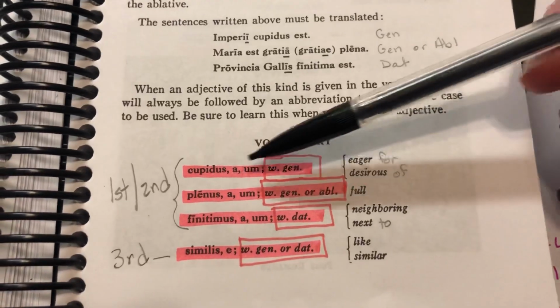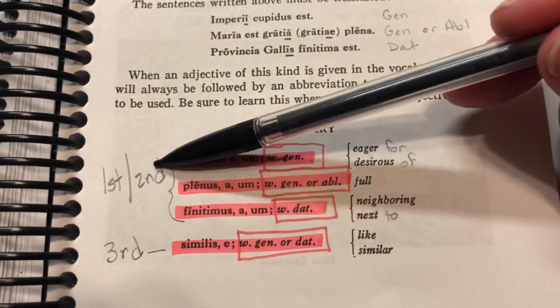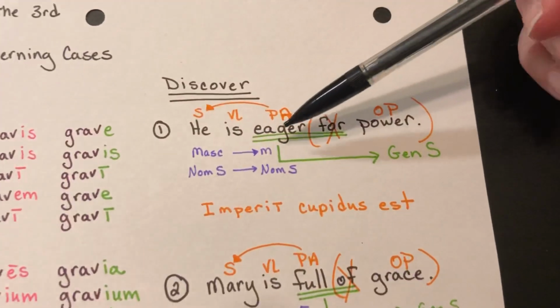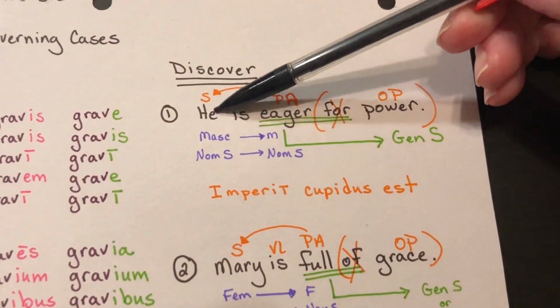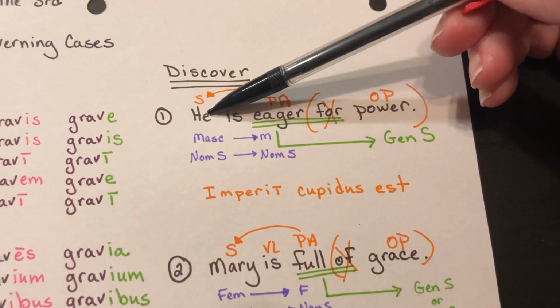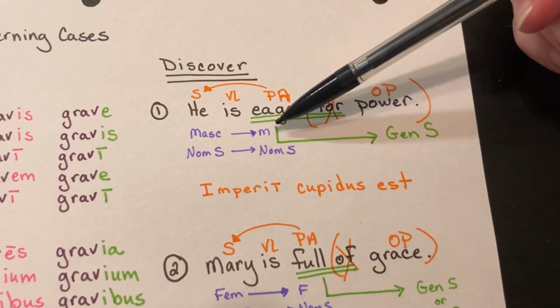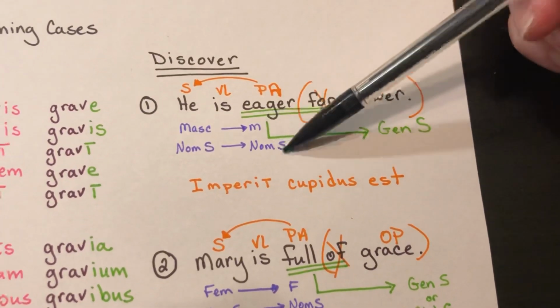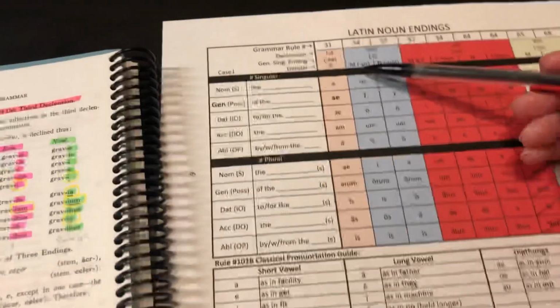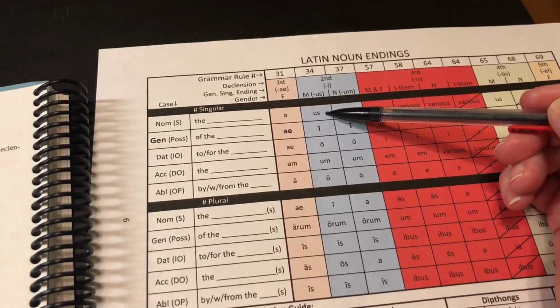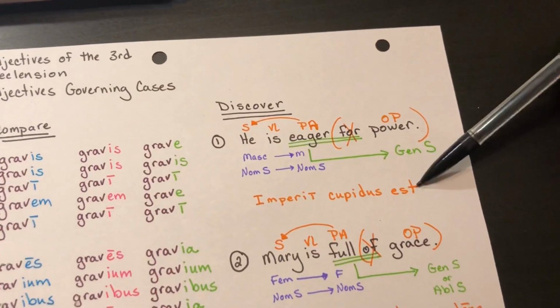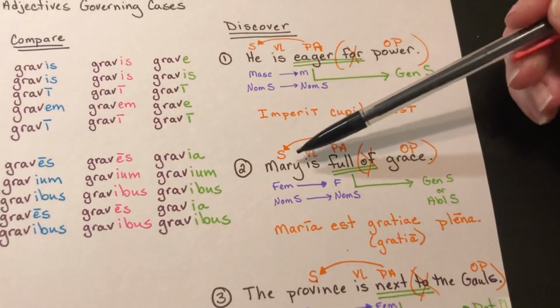Here it is right here. It is a us, that means it's first, second declension. All right. So when I translate it, cupidus, because this is a masculine word in the nominative singular, I'm going to use the masculine nominative singular of the first and second declension right there, us. Okay? So, imperii cupidus est.